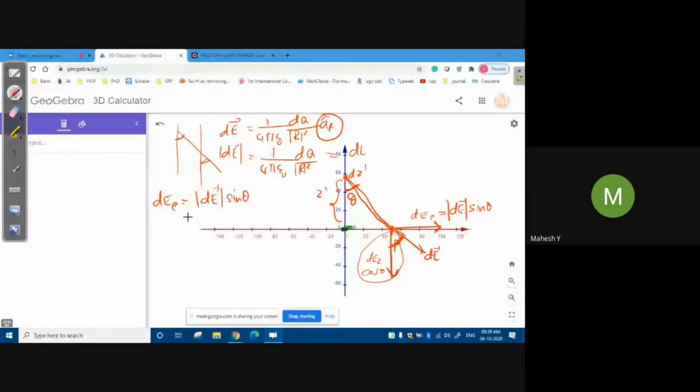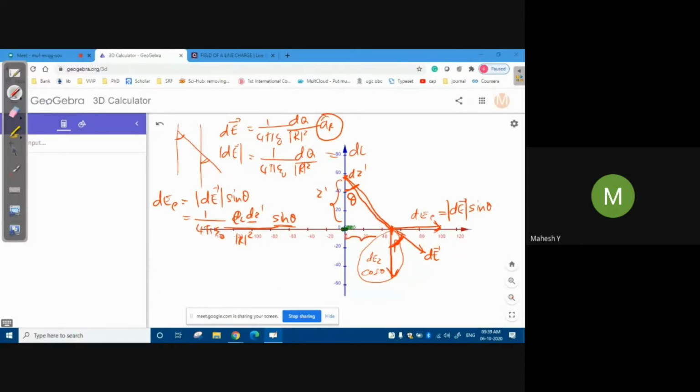So 1 by 4 pi epsilon 0 dq, that is rho L dz prime divided by mod r square, sin theta. Now again you have a problem, because you have a variable sin theta here and the integration with respect to dz prime. So we will change that.